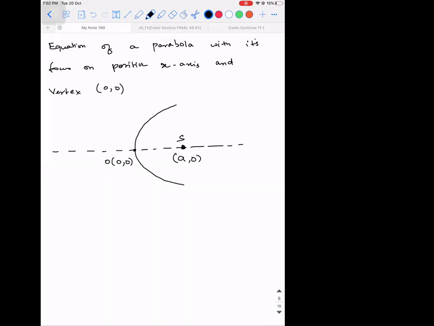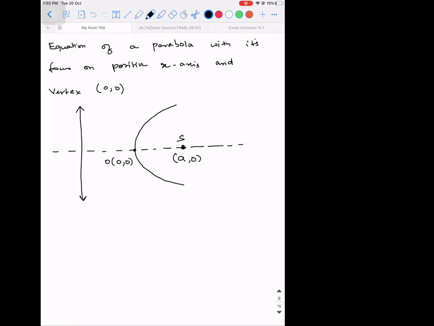Now listen. If the focus is a, 0 and the vertex is 0, 0, what will the directrix be? Which side should the directrix lie? It should be on the convex side. When I draw the directrix, tell me what will be the equation of this directrix.